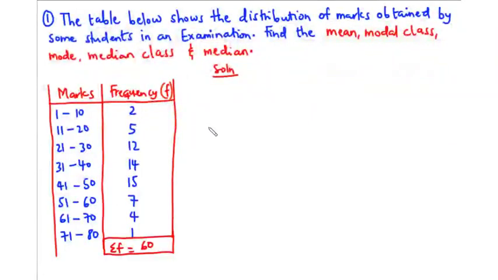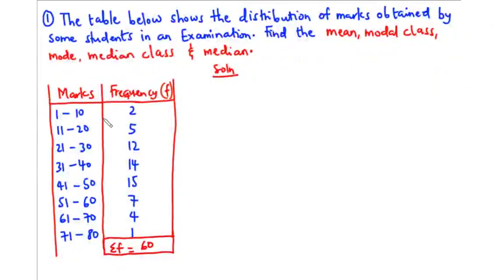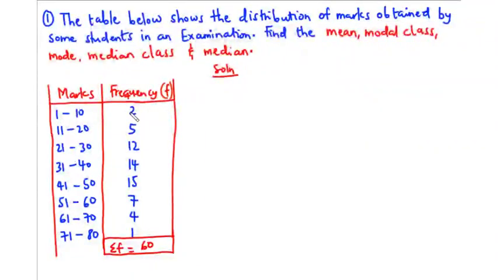This is grouped data, and so we can't find the exact mean value. This is because we don't know the individual values that occurred within a particular interval. For example, for the interval 1 to 10, we have 2 occurrences. However, we don't know the exact values within this interval that occurred. All we know is between 1 and 10 we have 2 occurrences. So because of that, we can't find the exact mean.